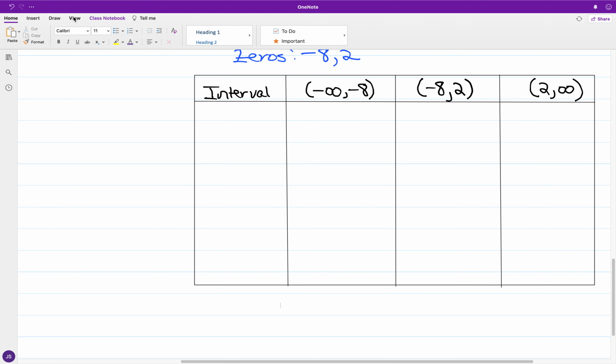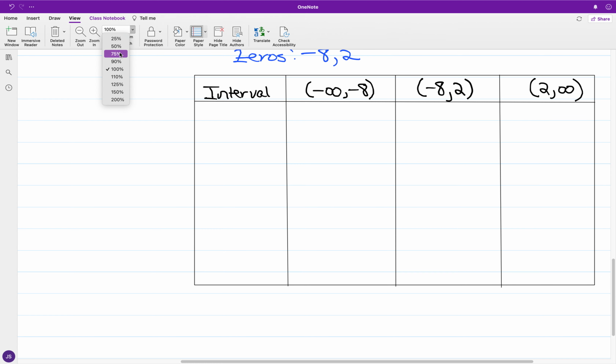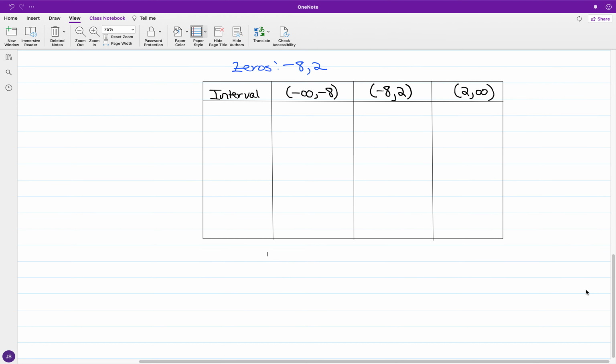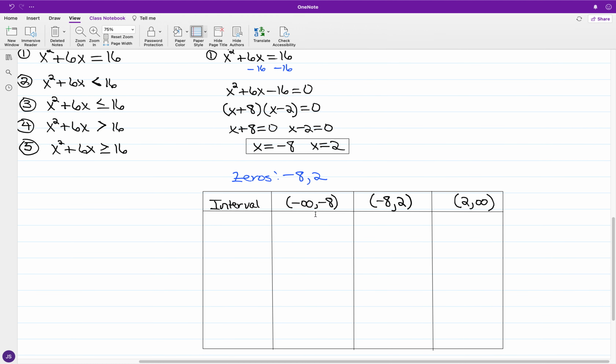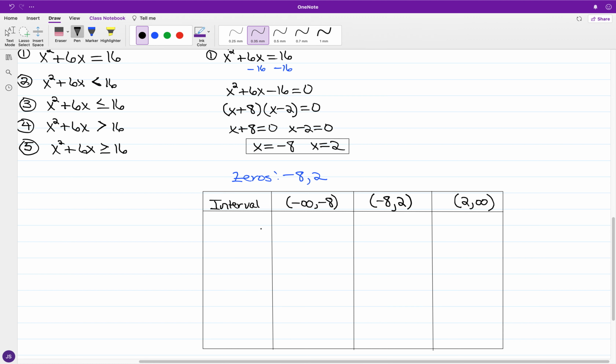So we have the rows and the columns formations. Now the other day we looked at test values. If I were to go with an input value, like a test value x, first of all, anything that is less than -8, we'll go with, say, -10.